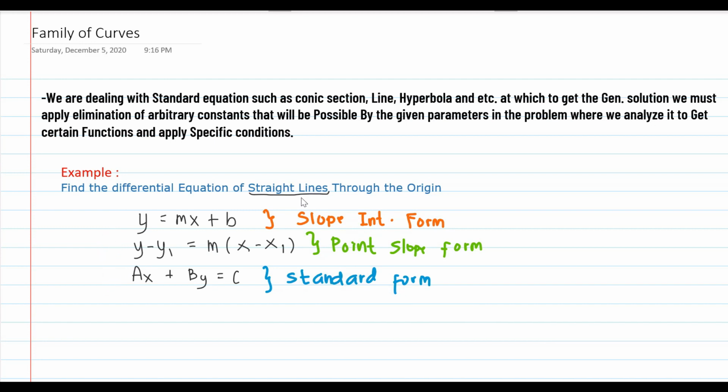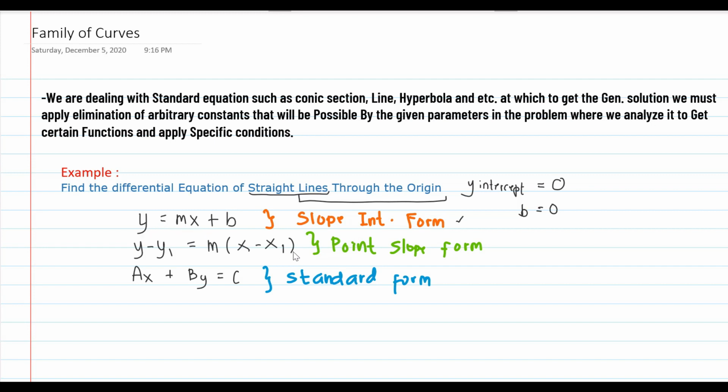What is only given is straight lines through the origin, and it only means that our y-intercept will be equal to 0, or b equals 0 when we take the first equation into consideration. When we set this equal to 0, we will be left with y equals mx.